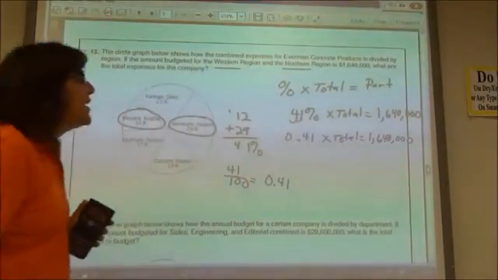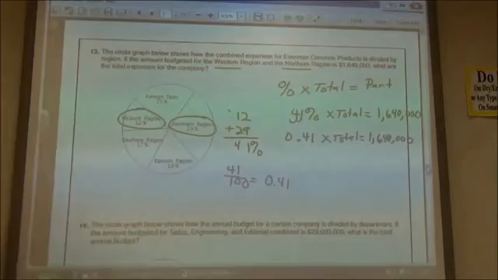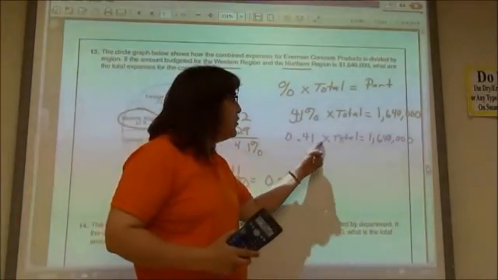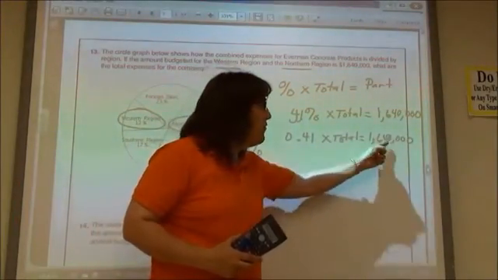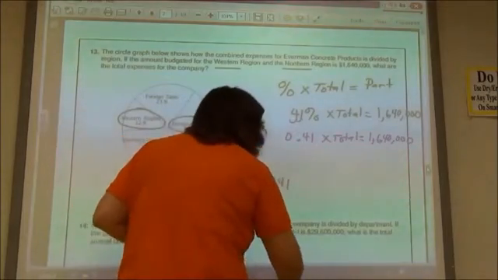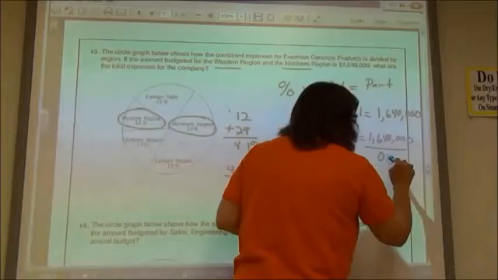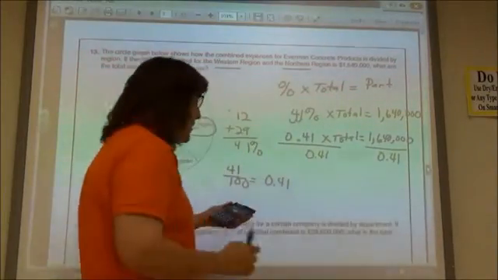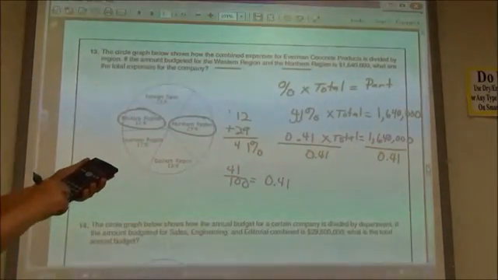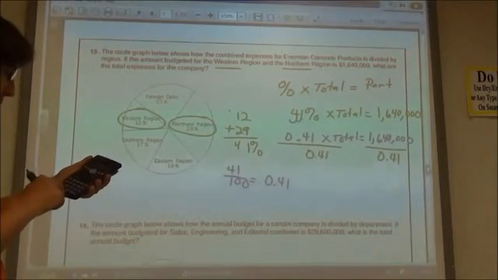Now we did that little section on algebra. In order to solve this for the total, we have to do the opposite of multiplying to move this to the other side. So what we're doing is we're dividing by that 0.41. So I'm going to take my 1,640,000.